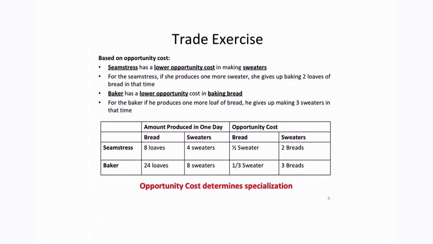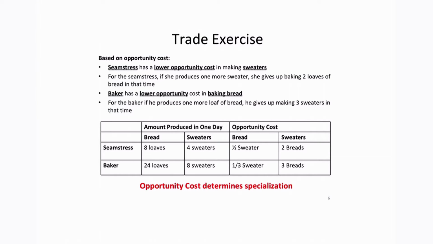Now, what we can see here is that we can calculate the opportunity cost. So remember, the opportunity cost is what you give up to get something. The opportunity cost for the seamstress to produce one additional loaf of bread is that she will have to give up half a sweater. For the seamstress to produce one additional sweater, she needs to give up producing 2 loaves of bread.